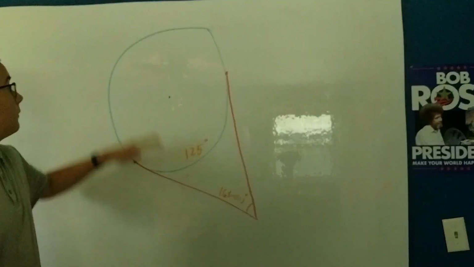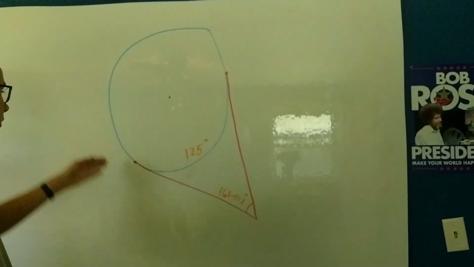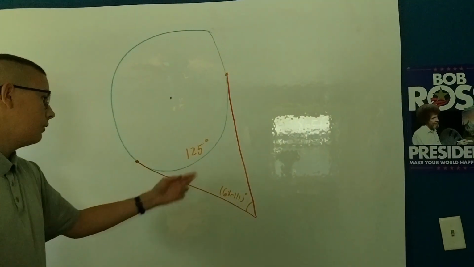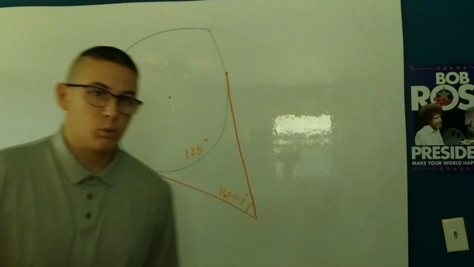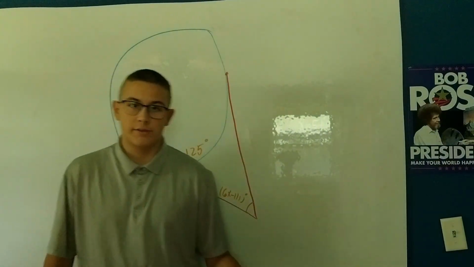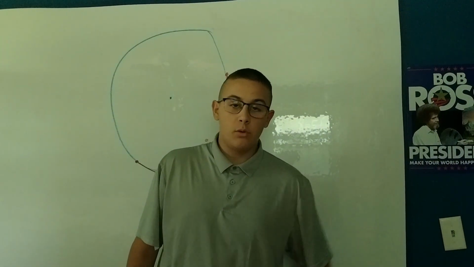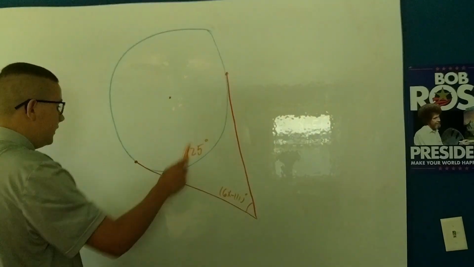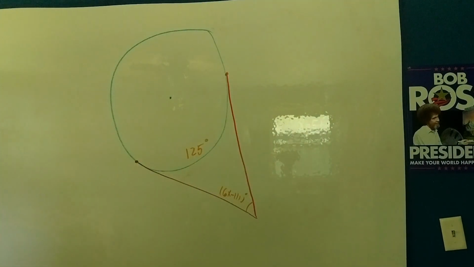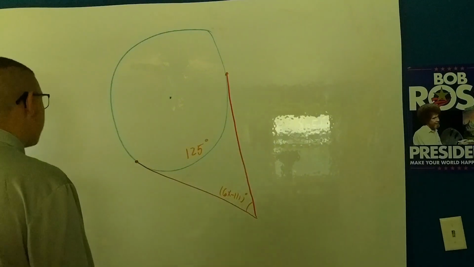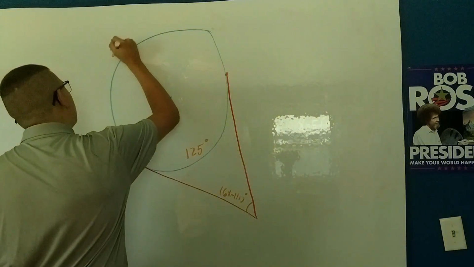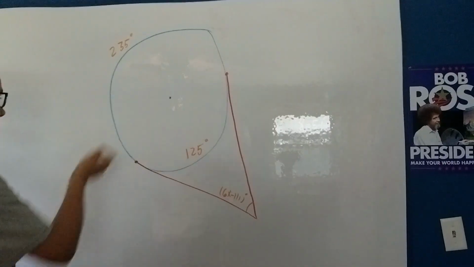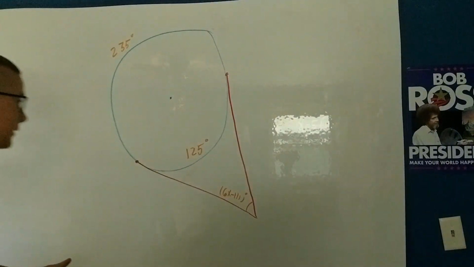Okay, well, first we need to solve for this big arc right here that takes up the rest of the circle, right? Well, if we know a circle is worth 2 pi or 360, then we know that it should just be 360 minus 125. 360 minus 125 is 235. So we know that this big arc is 235 degrees. And if you check that, you add those together, you get 360.